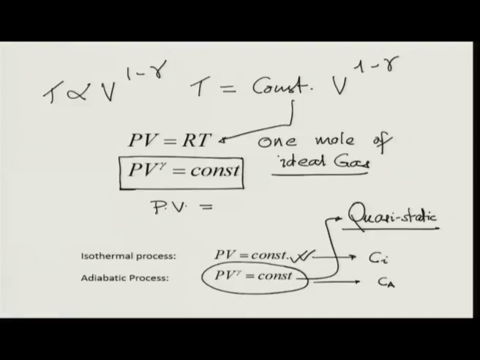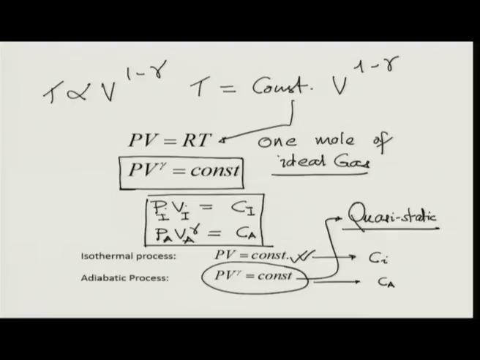So, Pi Vi, that means isothermal process, is a constant Ci. For an adiabatic process on the other hand, you have Pa Va gamma, some other constant Ca. The subscripts here refer to the process, not the initial value.